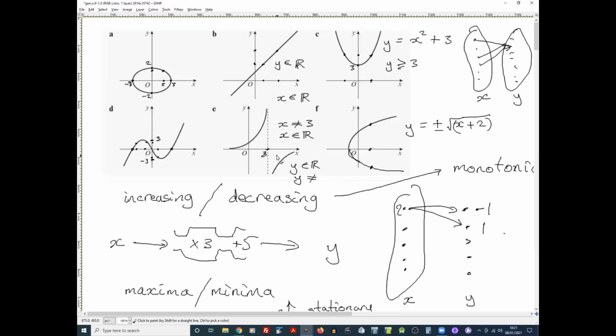Oh, the y. So not at the bit very close to the x-axis. Exactly, yes. I think you mean y equals 0. So y can't be 0, just like x can't be 3. Yeah, okay, makes sense.